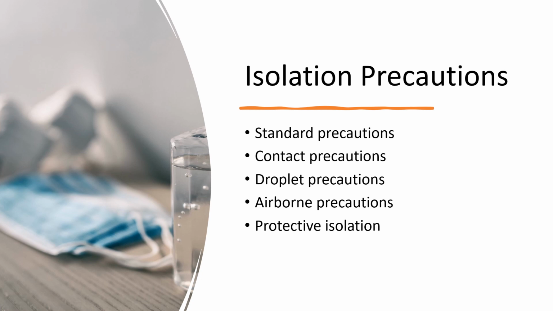Contact precautions intend to prevent transmission of infectious agents by direct or indirect contact. These can be examples: vancomycin-resistant enterococcus, Clostridium difficile, norovirus, and other intestinal tract pathogens, and RSV.